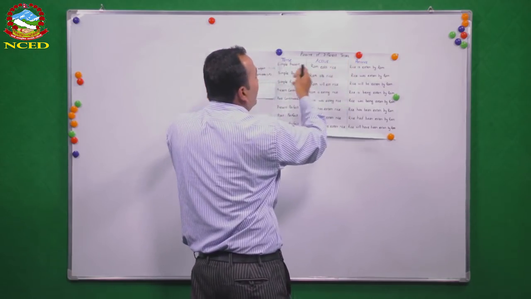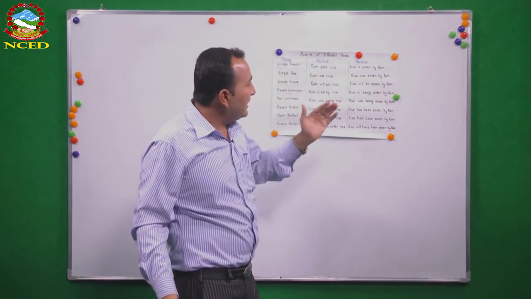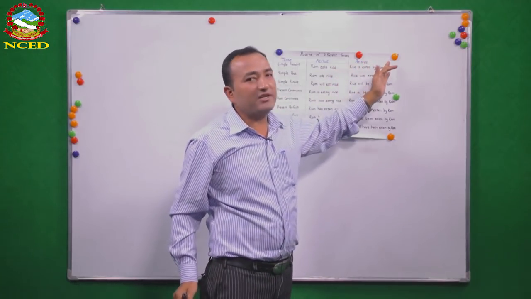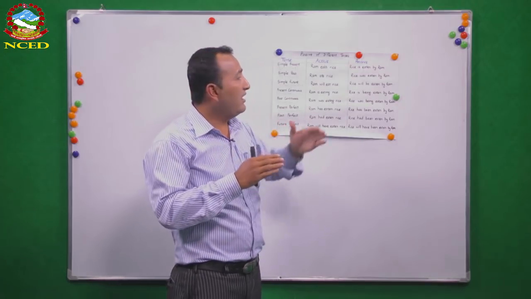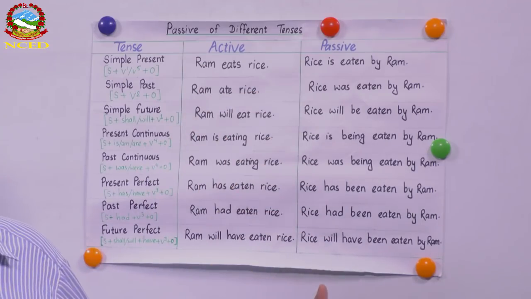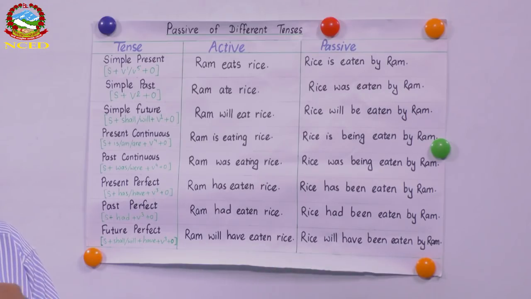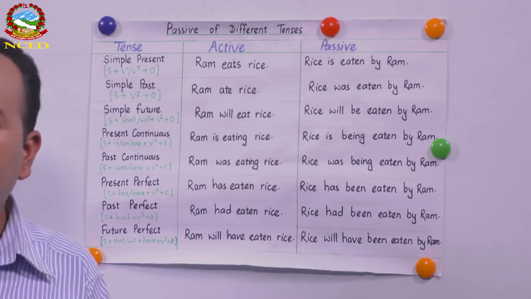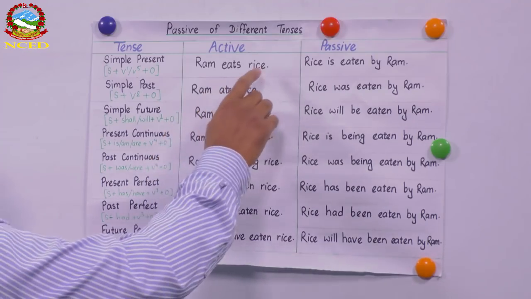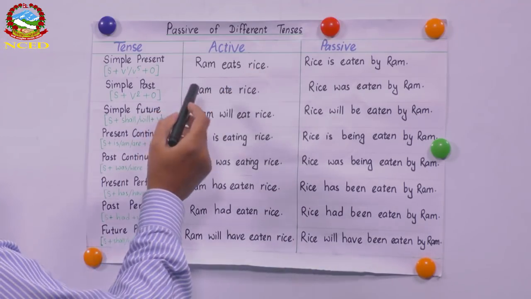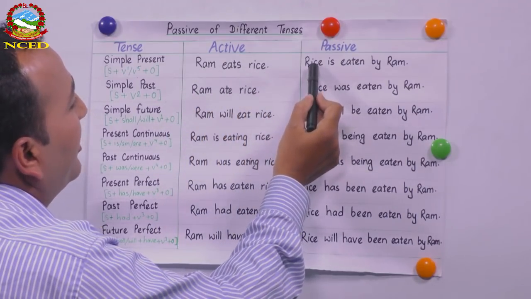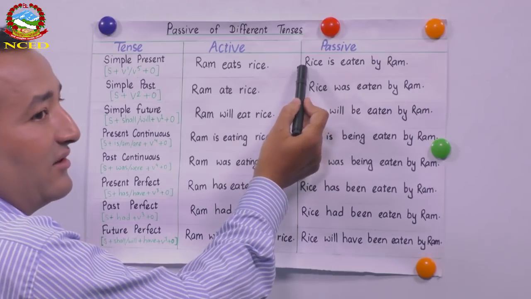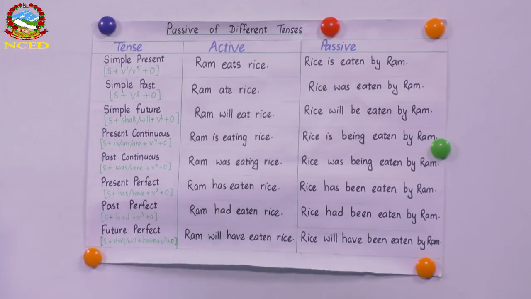The object is brought to the position of subject, and the subject is brought to the position of object. Or we say we interchange subject and object. This applies in all sentences. Don't worry about that. Look at this: Ram is the subject, then the verb, rice is the object. So rice is used in the beginning, with a capital letter, because it is the first letter of the sentence.